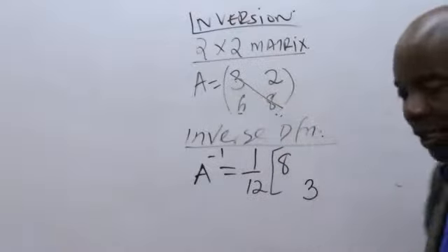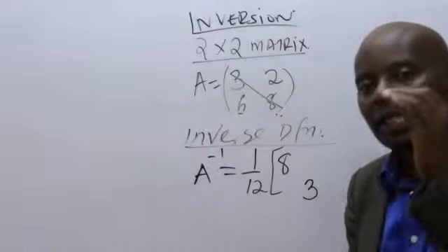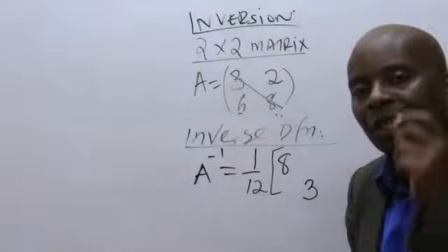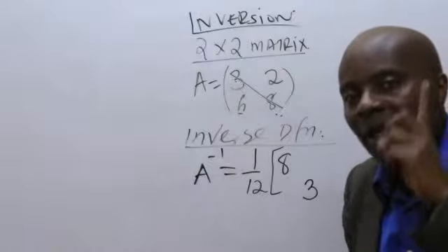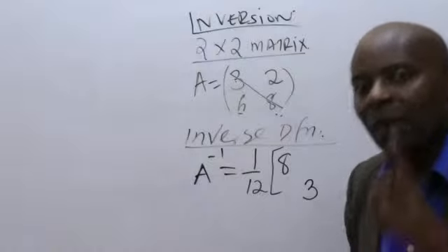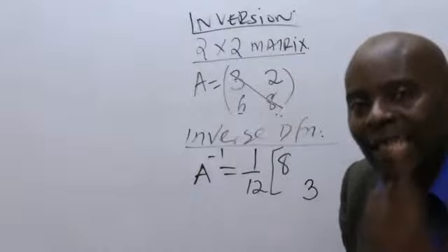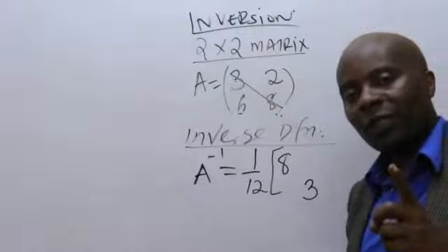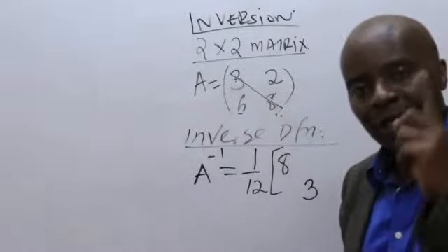Now listen to me very well. For the secondary elements, we shall leave them in their respective positions, but we have to change their signs. What have I said, ladies and gentlemen, for the secondary elements?